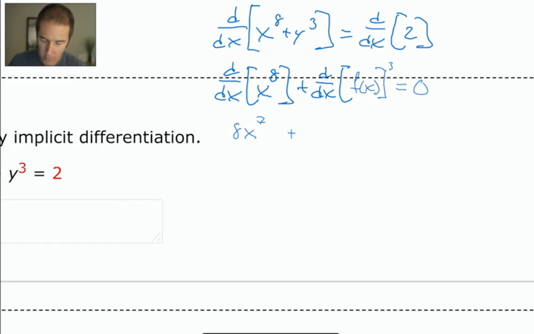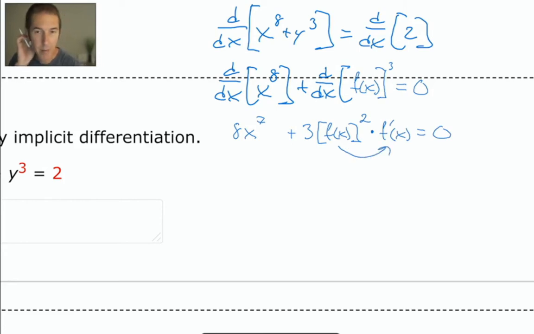We have to multiply the exponent out front, and then we keep the inner function. We decrease the exponent by 1, and then we have to multiply by the derivative of the function, f prime of x, still equals 0. So going from here to here, we did that because we needed to use the chain rule. Have to multiply by the derivative of that inner function.